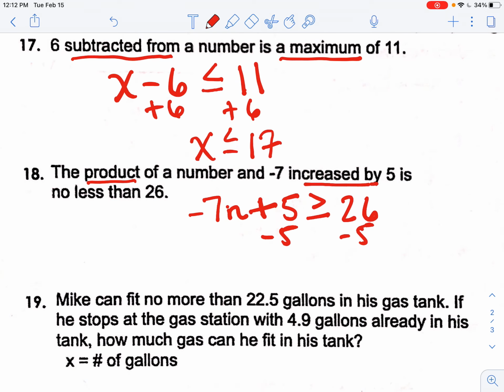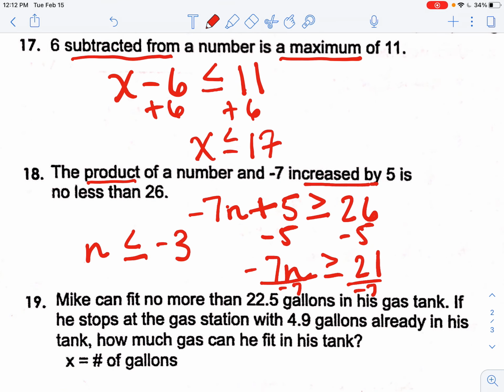Subtract 5 from both sides. -7n is greater or equal to 21. And divide both sides by -7. That is a sign switch. And n is less or equal to -3.